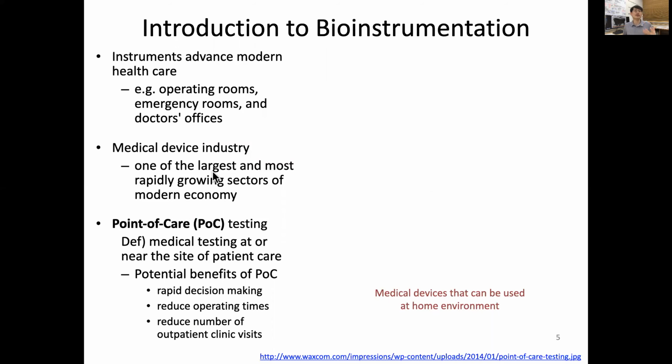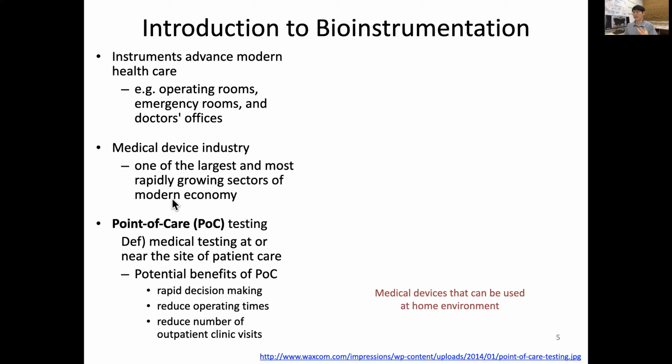There is a tendency that these are bulky, big, very costly instruments inside a clinic or doctor's office, and they tend to become smaller and portable, available at lower cost, more like at home.